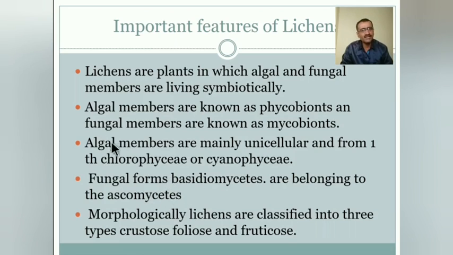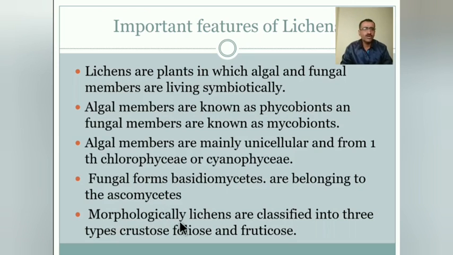Likewise, the algal member also has 2 groups, Chlorophyceae or Cyanophyceae. Only these 2 groups are included in the lichen in algae, and Basidiomycete and Ascomycete in fungi. These groups associate with each other and form a lichen.